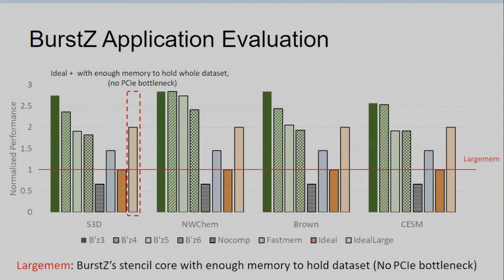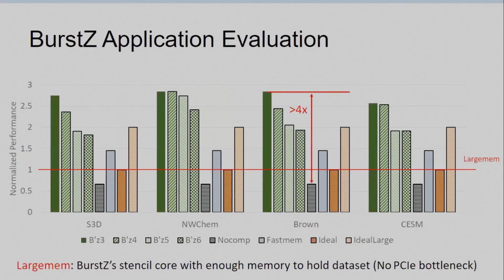The last one is ideal large, which means ideal with enough memory to hold the whole dataset. As a result, the PCIe bottleneck is removed. Among these 4 configurations, the ideal large gives us the highest performance, but it's still not better than our BurstZ with compression.